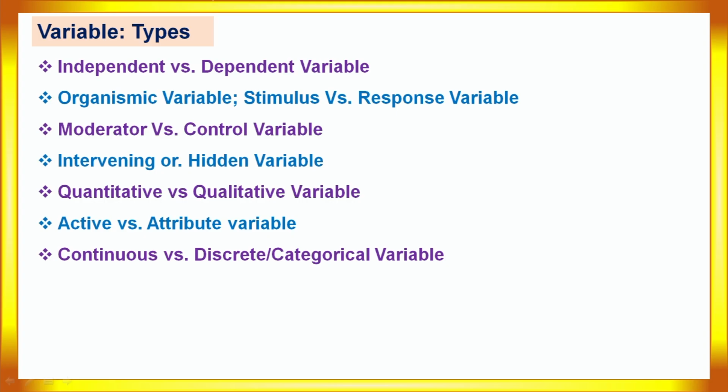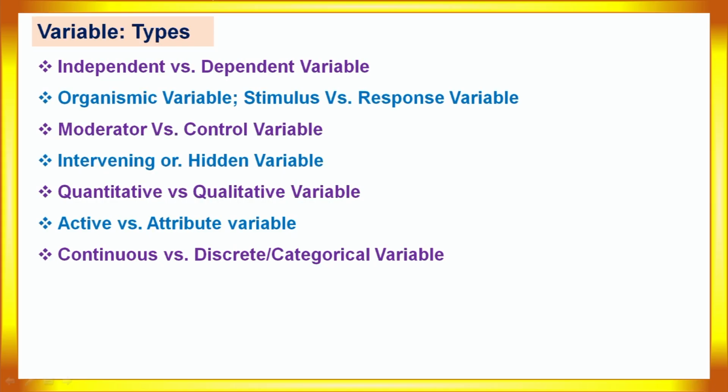On the other hand, the control variable is a type of independent variable which may affect the relationship between the independent and dependent variable, but it is not part of your study.